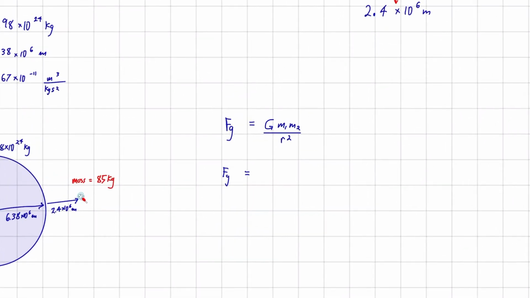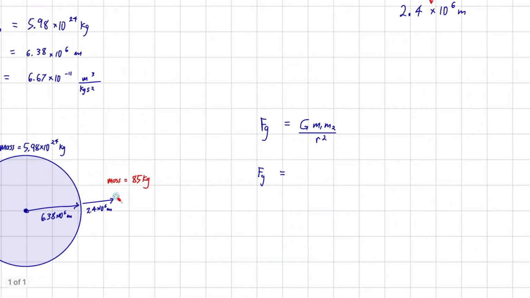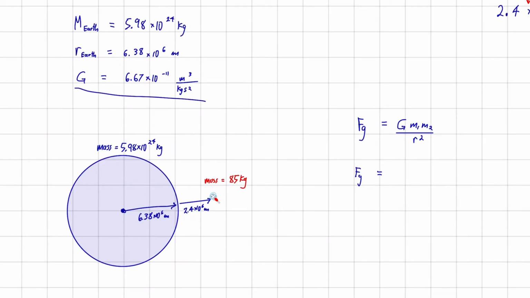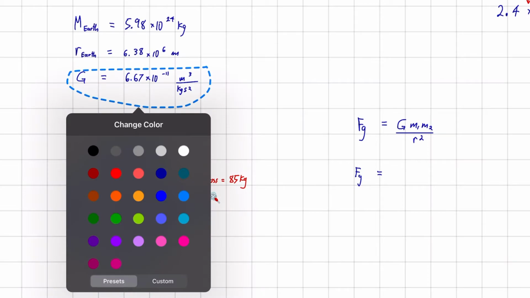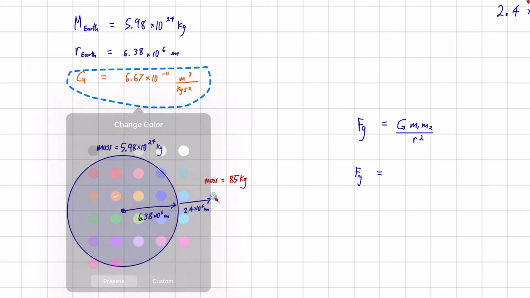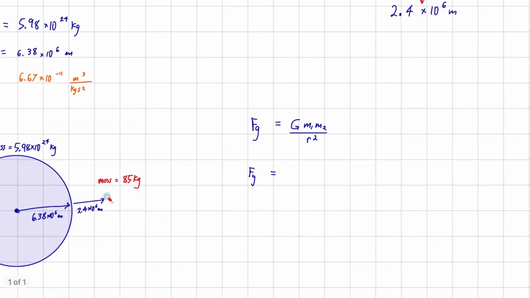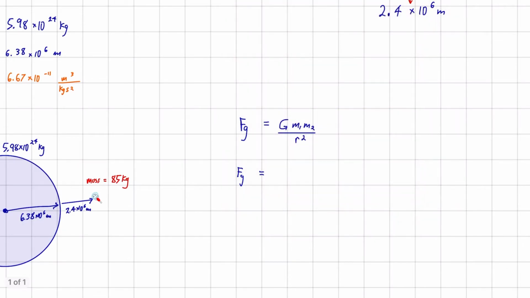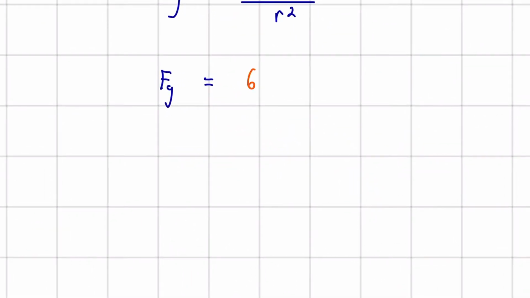Well, we know the value of G. Remember, that's given to us over here. I'm going to color code these a little bit, so let's make this orange. Our G, written in orange, is 6.67 times 10 to the negative 11 meters cubed per kilogram second squared.